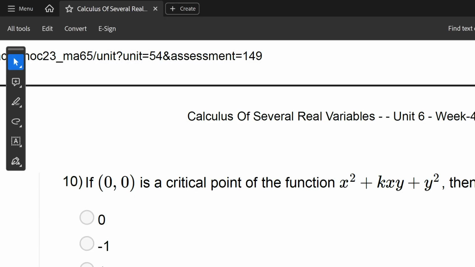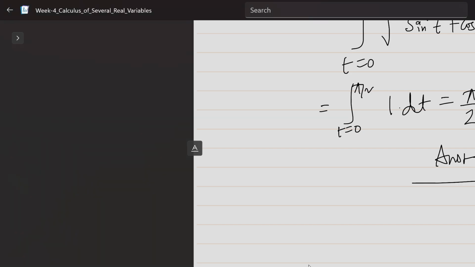So let me first write this question in this sheet. If we take the partial derivative and then substitute the critical point, it will satisfy, and that's how we get k.